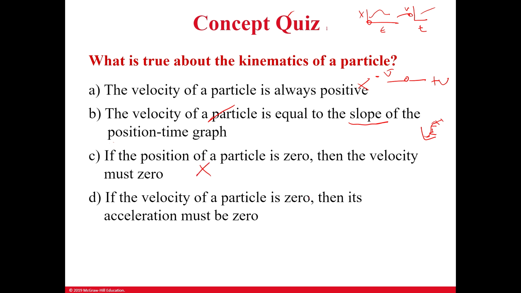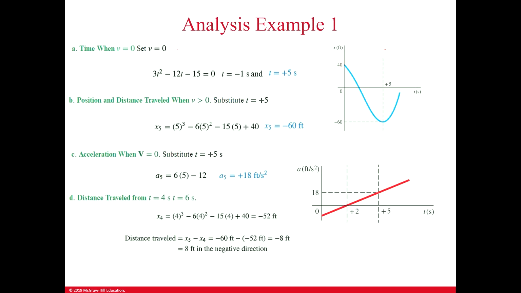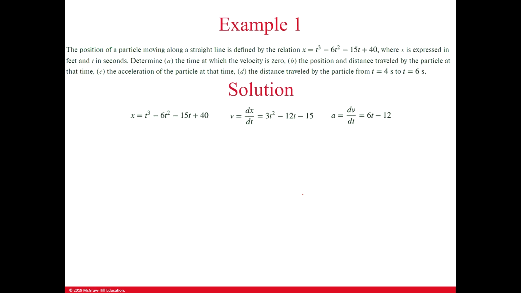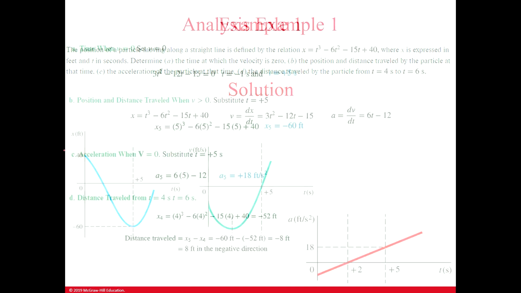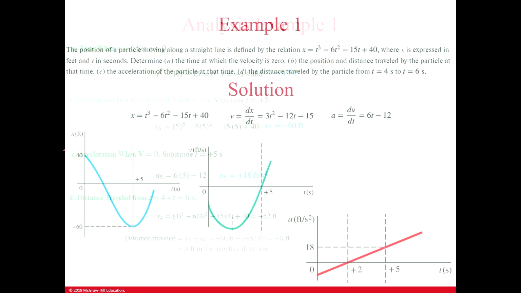If the velocity of a particle is 0, then the acceleration must be 0. It's the same case, not true, because we just had that example before. Let's see, was the velocity 0 here? No, we actually didn't have a case where the velocity is 0, I mean, it's not starting from 0, okay?